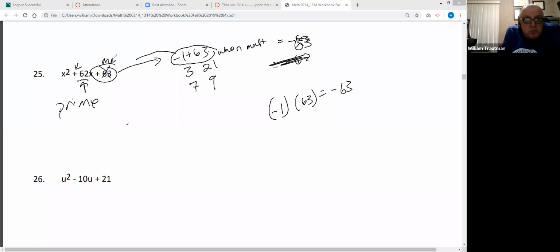This is where it's supposed to be when it's multiplied. This is when it adds or subtracts. And it doesn't equal negative 63. So this problem cannot be factored. It's prime. So be careful about the signs. That's what I say. Always verify everything. If you're not good with signs, always verify everything with your calculator.